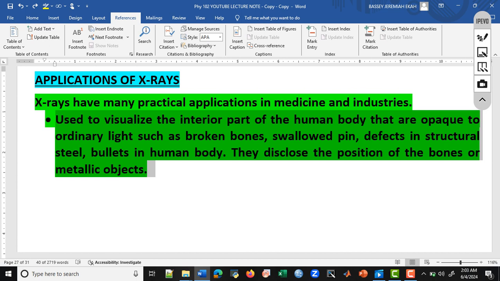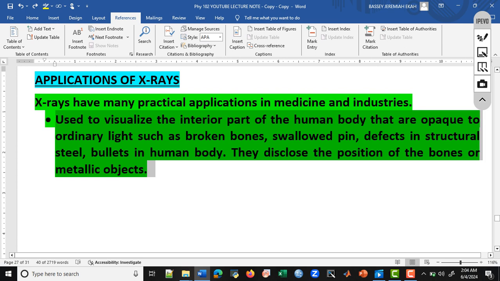So most of the times, if people have broken bones and require treatment, they will first go to the hospital and be advised to go through the process of X-ray. From there, the position of the bone would be understood. If somebody is mistakenly shot by a bullet, the X-ray photograph would first be taken to know the position of the bullet in the human body.